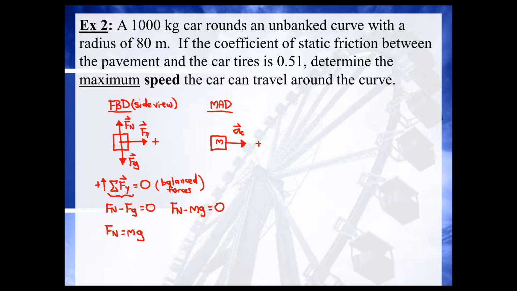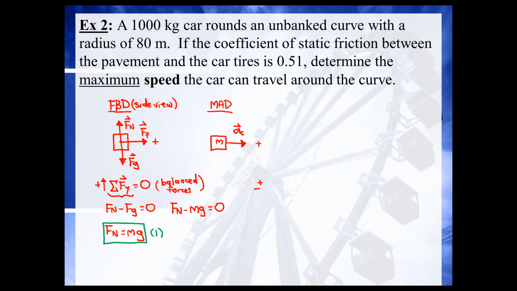If I wanted to at this stage, I could plug in the mass and the acceleration due to gravity, but I'm not going to do that because I'm going to show you what happens if you just keep everything in terms of variables. I'm just going to box this equation and call it equation 1. So in this situation, the normal force is just equal to the mass of the object times the acceleration due to gravity magnitude. Okay, now let's go to our centripetal direction.